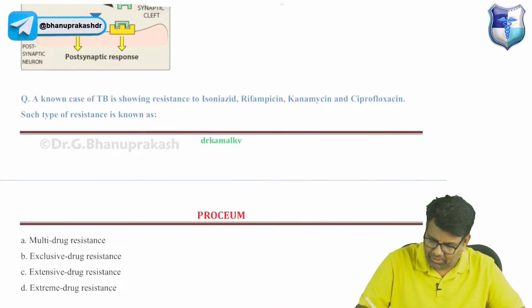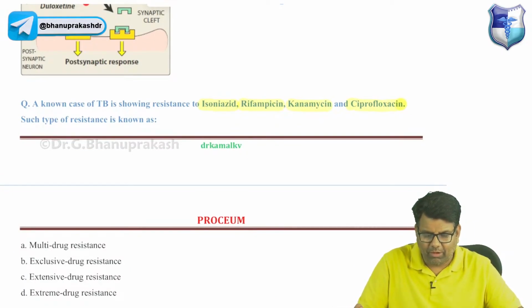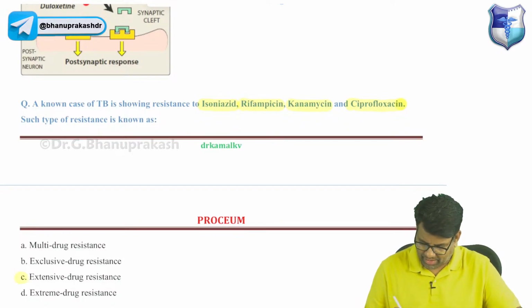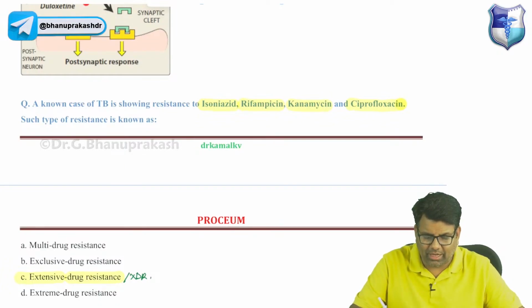Now, the next question. A person is showing resistance to isoniazid, rifampicin, kanamycin and ciprofloxacin. This will be labeled as extensive drug resistance, that is XDR. How do we define XDR?